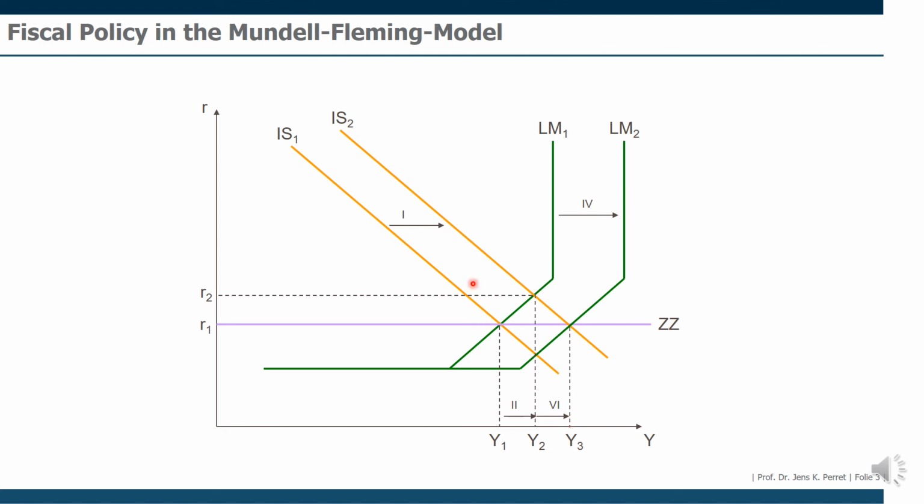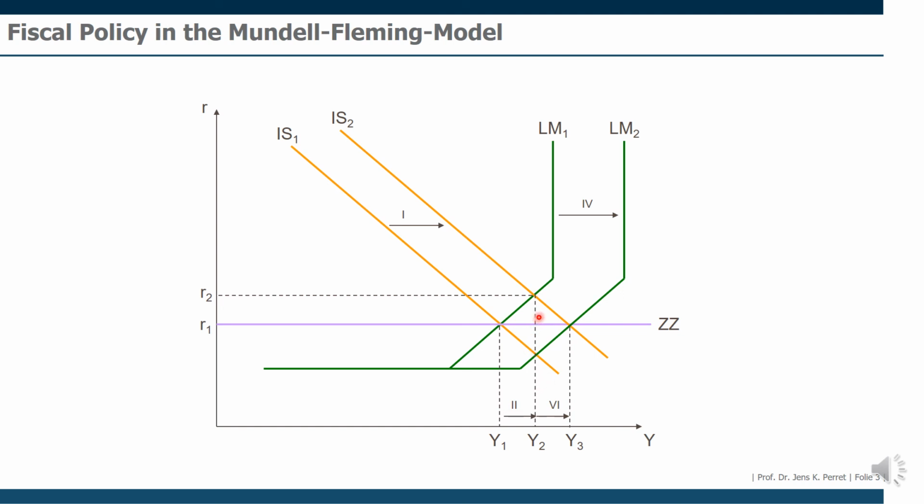So what does this mean? This means that fiscal policy in the context of the Mundell-Fleming model is only effective, and here positively so in regard to GDP, if we have a fixed exchange rate regime. If we have a flexible exchange rate regime, fiscal policy won't have any effect on GDP developments at all.